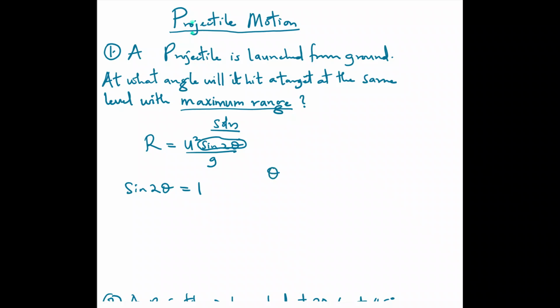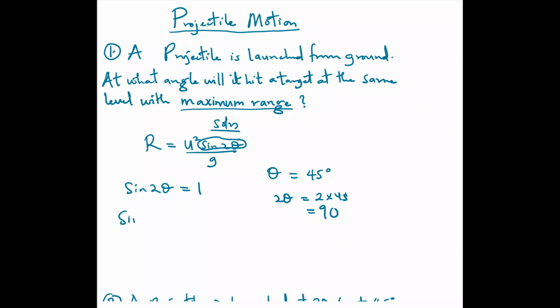And how do we know that? If theta is equal to 45 degrees, then sine 2 theta will be equal to 2 times 45, which is equal to 90 degrees, right?